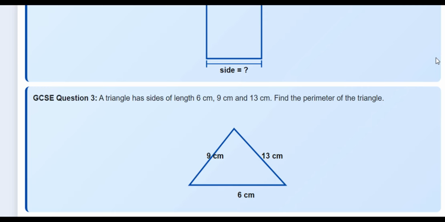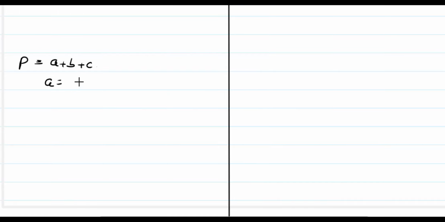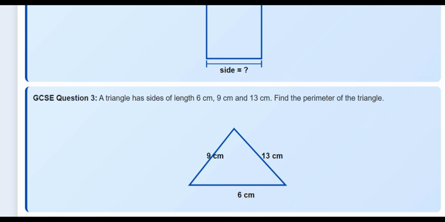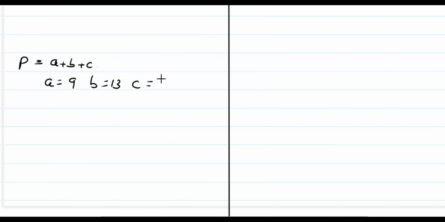In that lesson, we said the perimeter P of a triangle which doesn't have any sides equal to the other is given by a plus b plus c. In this case, we are given a as 9, b as 13, and c as 6 centimeters.